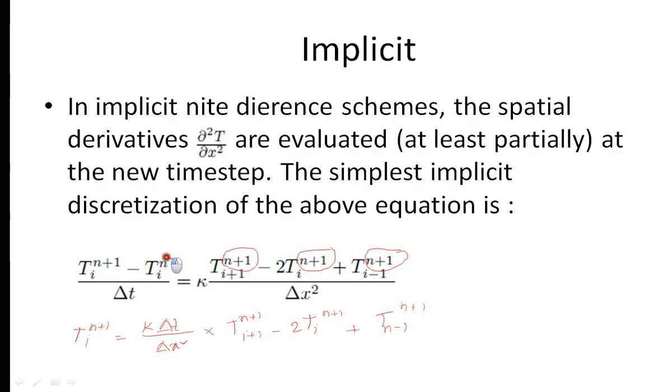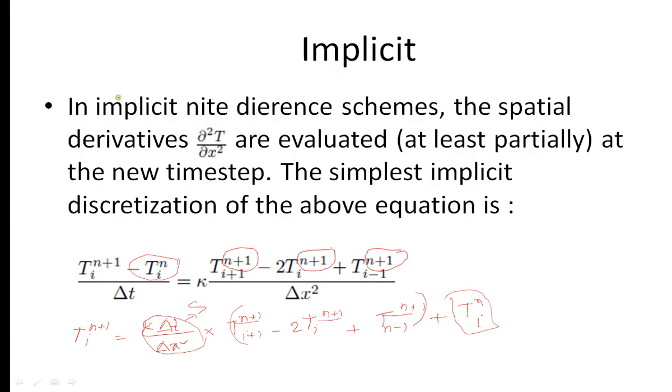If we bring these terms out, we can write T_i^n, and call this whole thing s. So if we bring all the n plus 1 terms to the left hand side, we are left with only the n term, that means the present temperature, on the right hand side.